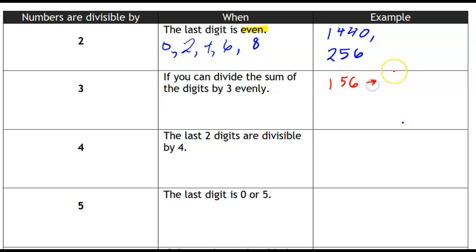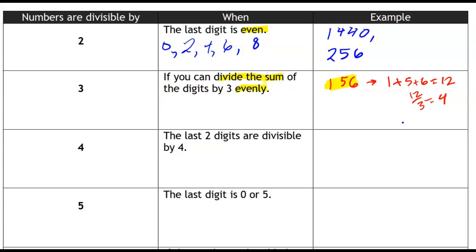If I add 1 plus 5 plus 6, I get 12. Since 12 divides by 3, that means 156 also divides by 3. So essentially that's divisible by 3, if you can add them up and divide by 3 evenly.